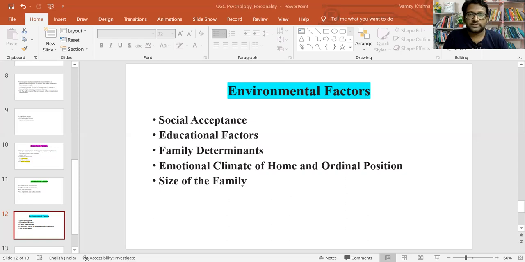When we talk about the educational setting, the teacher is the most important person in the school who can help in modifying the children's personalities. He or she is the most powerful source of stimulation for the child.